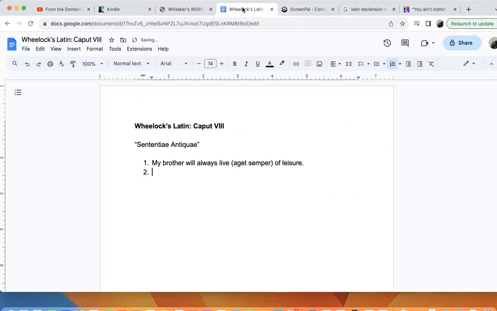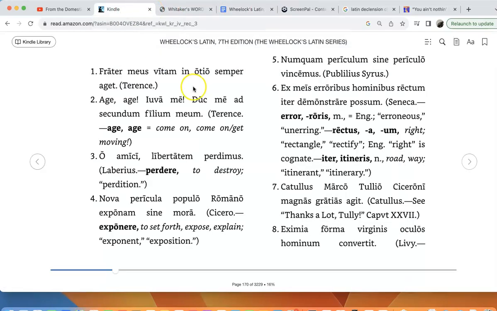So let's write that out here. So come on, help me, take me to, let's see, did I get the correct pronunciation? Yeah. So here we have imperative.